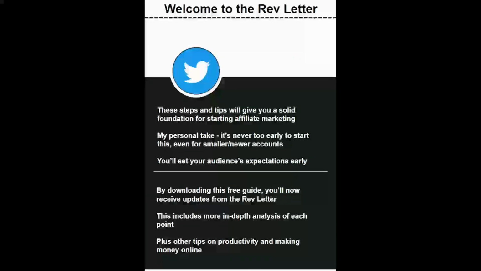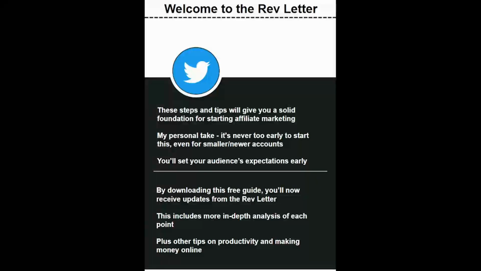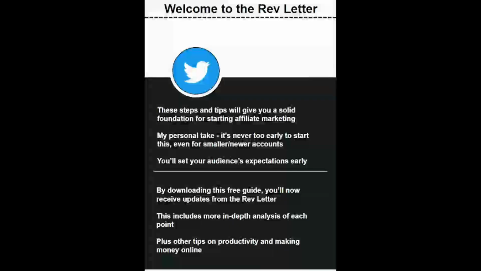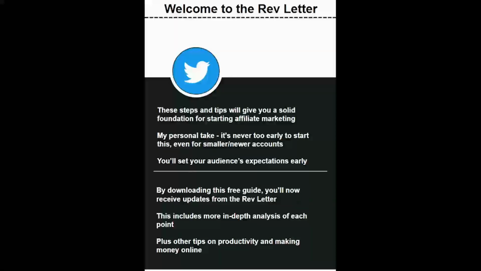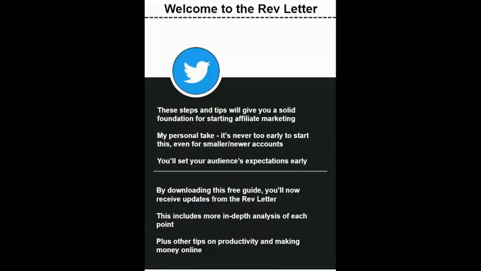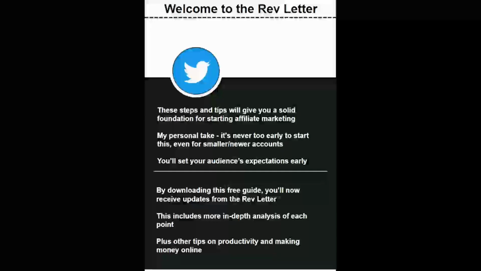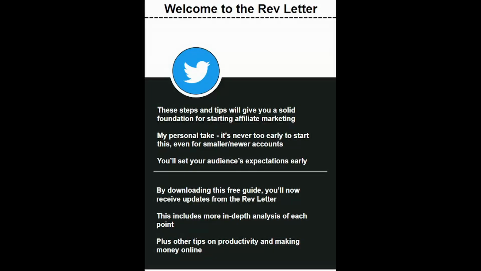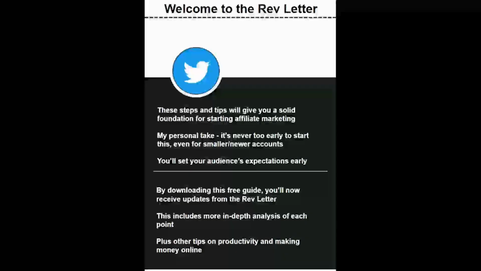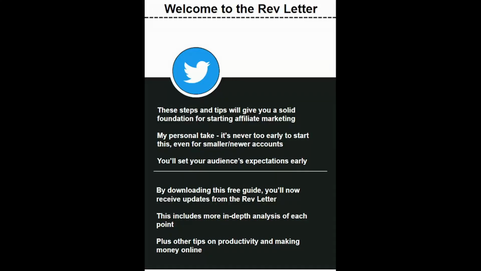So that's it. If someone is to download this, they'll join my email list, and then I can give them further information about this subject, because this is very surface level stuff. It says what affiliate marketing is about, and it tells a couple of options of what you can do, but it doesn't really give the full picture. So I can then discuss the full picture of affiliate marketing with them, and where I go from there, I'm not 100% sure yet, because I haven't gone on to the next part.